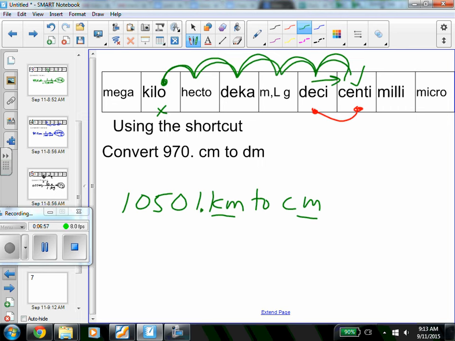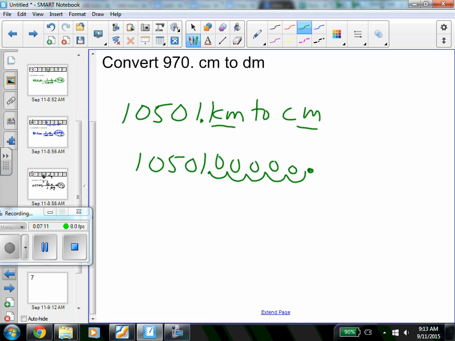This is kind of crazy, but it's going to be 10501. Now move it 5 places to the right. 1, 2, 3, 4, 5. Put your new decimal, fill in the zeros. So that's a pretty big number, so why don't we just change that to 1.05, 3 significant figures, times 10 to the 9th centimeters.